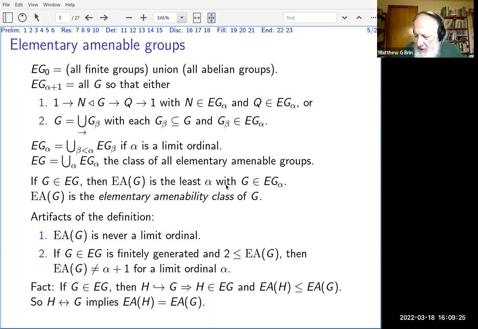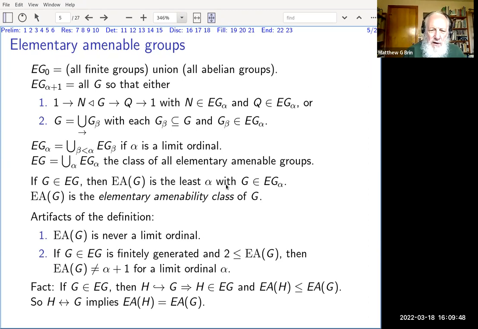With bi-embeddability classes, we're going to need something that varies with bi-embeddability classes and is invariant in each one. And in this particular instance, the elementary amenability class is going to be important. First of all, the groups are going to be elementary amenable, which might be of interest.